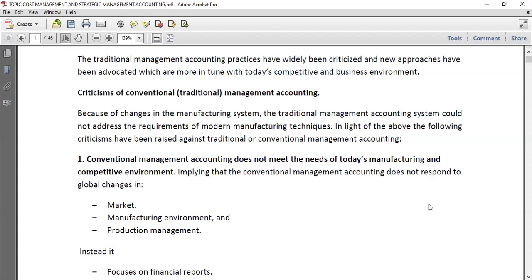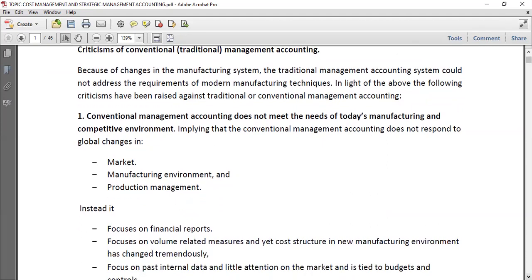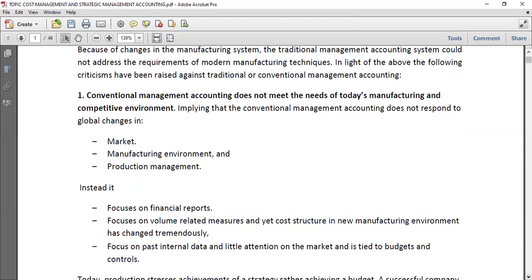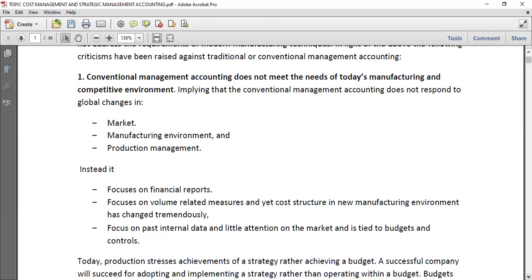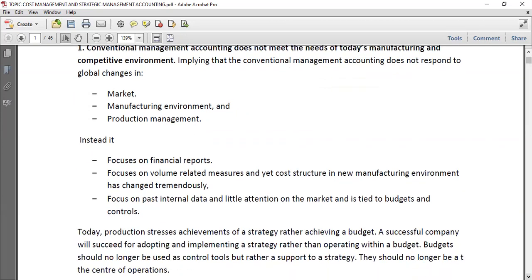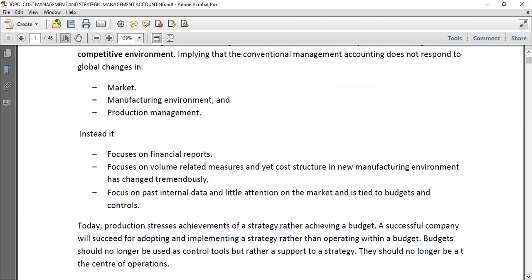Okay, things like changes in the market, changes in the manufacturing environment, changes in production management. For it basically focuses on things like financial reports, allocating costs based on volume. At the end of the day, it also focuses on past information. Okay, so that is why we are criticizing the conventional cost management system.